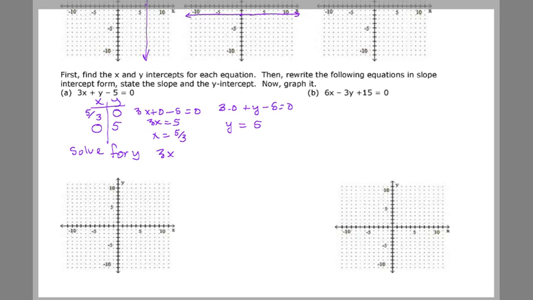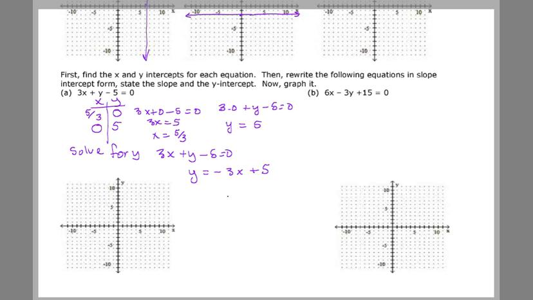So for 3x plus y minus 5 equals 0, let's get y by itself. That means I'd have to take the 3x over, becomes a negative 3x. Take the 5 over, becomes a positive 5, and there's my equation. y equal negative 3x plus 5.